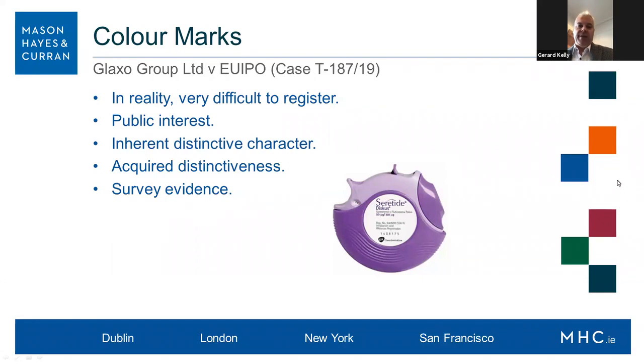The difficulty with that evidence, because it wasn't held to be sufficient, was that it didn't refer, for example, to a specific shade of purple, again, very generic in the way it described purple. So that was a fundamental flaw in the evidence that was put forward. And it was also considered by the court that colours are used quite a lot in that industry, and therefore they should be sort of free to use.